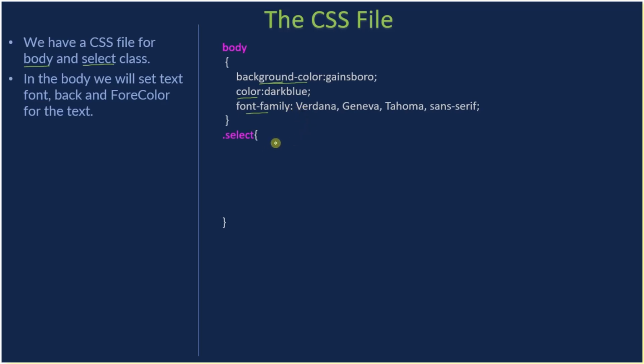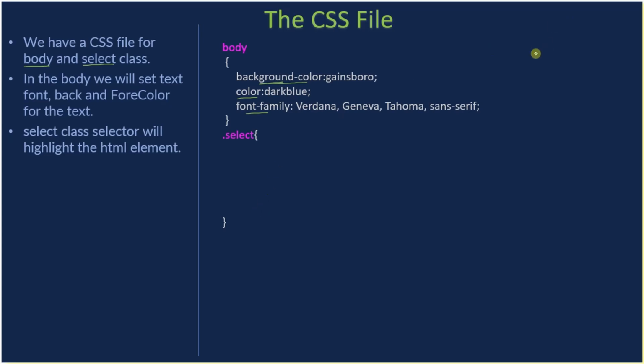After that we have the selector for dot select for class attribute. In this select style, we are going to place the CSS style so that the element will be highlighted.